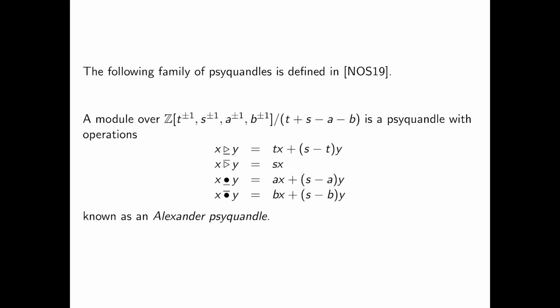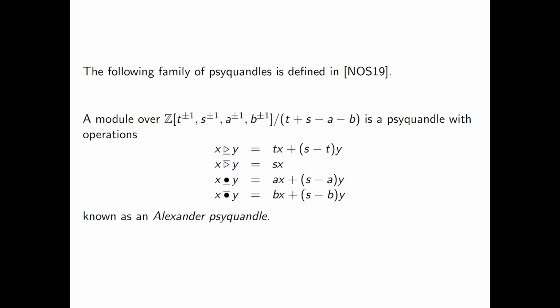This is known as an Alexander Psyquandle, and it's not just a Psyquandle, it's a P1 adequate Psyquandle. So if you're trying to define an invariant for pseudoknots, you can use an Alexander Psyquandle. Of course, you can also use this to define an invariant of singular knots.